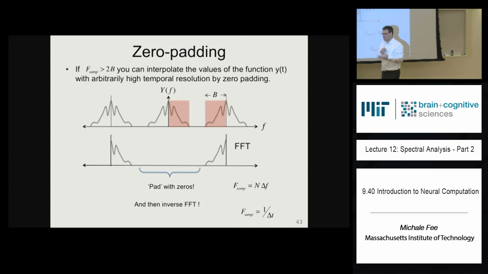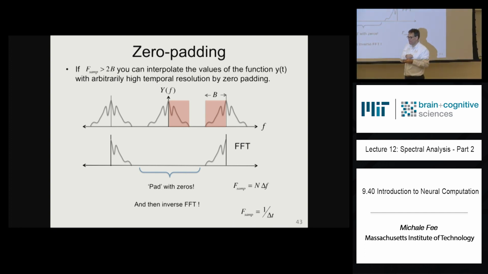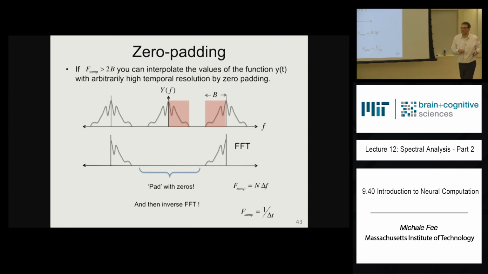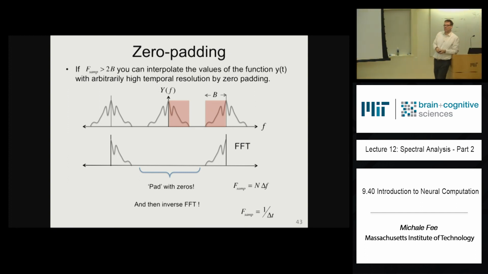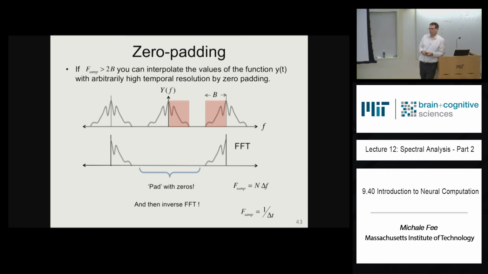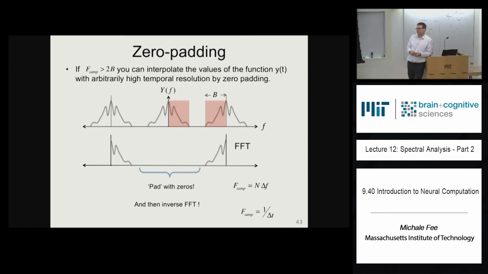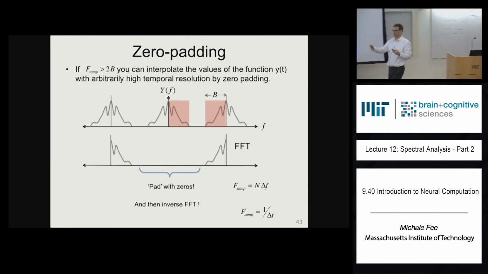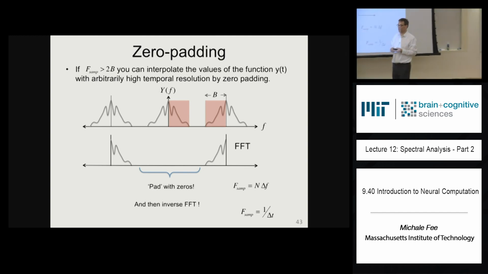Yes? Like, how do you know the bandwidth of the original signal if you only have samples? Good question. How might you do that? You try different sampling rates and see if it matches up. You could do that. So for nearly all applications, you have a pretty good sense of what frequencies you're interested in a signal.